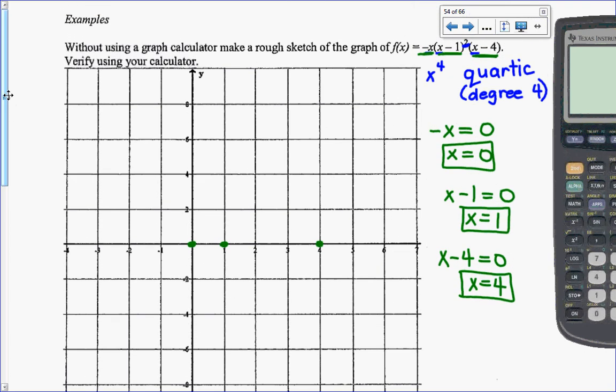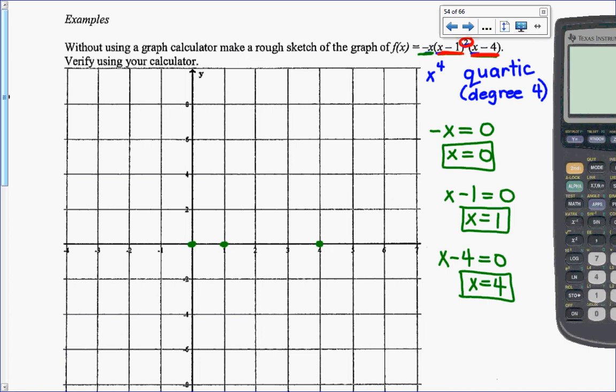Okay, now from the factored form of this equation, I can see some behaviors. I can see that at the point where x equals 4, I have a multiplicity of 1. That factor is only being used one time, which means my graph is going to go directly through that point with a straight line. However, at the value where x equals 1, I can see that it has multiplicity 2.